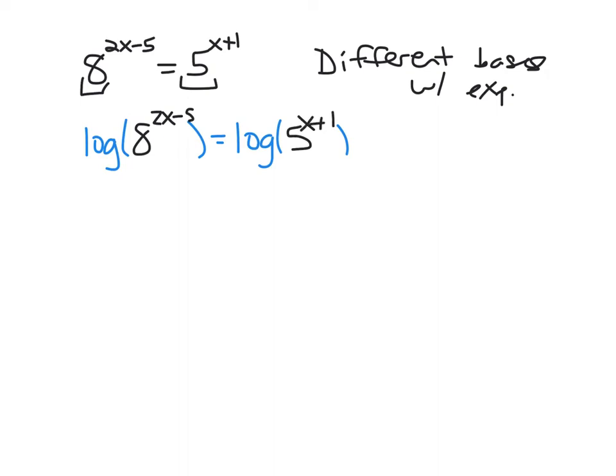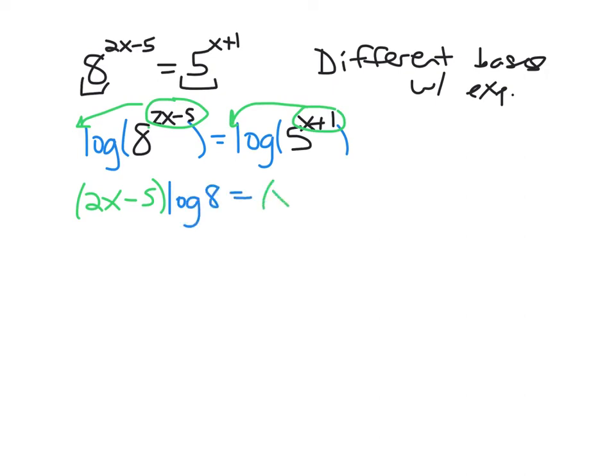All right, now that I have the log of that, I'm going to use my log property that if I have an exponent in the argument of my log, that could come forward and be written as multiplication in front of my log. So now that will give me 2x minus 5 times log 8 equals x plus 1 log 5.